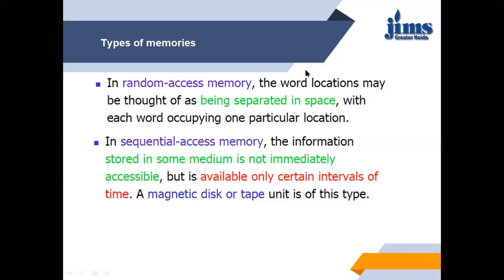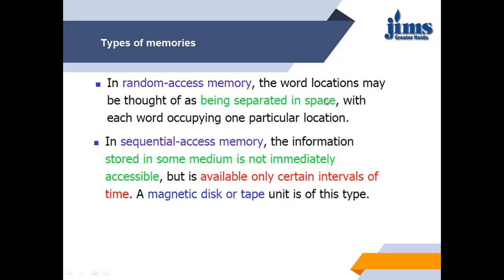In sequential access memory, just like magnetic tapes, the information stored in the medium is not immediately accessible, but is available only at certain intervals of time. A magnetic tape or magnetic disk is a type of sequential access memory. So these are the types of memory depending upon the access: random access memory and sequential access memory.